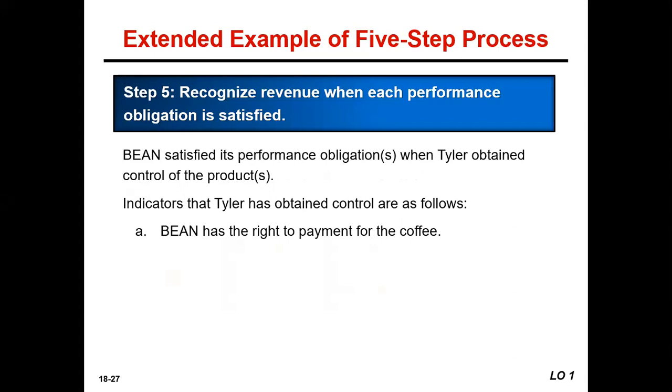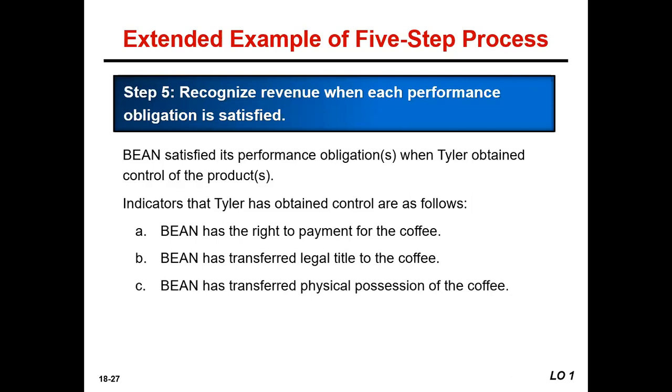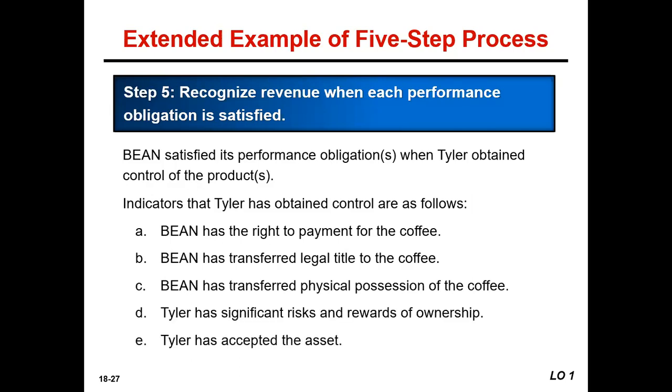BIN has the right to payment for the coffee. BIN has transferred legal title to the coffee. BIN has transferred physical possession of the coffee. Tyler has significant risks and rewards of ownership. And finally, Tyler has accepted the asset.